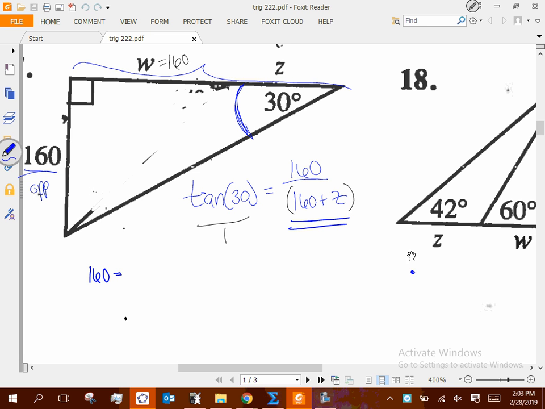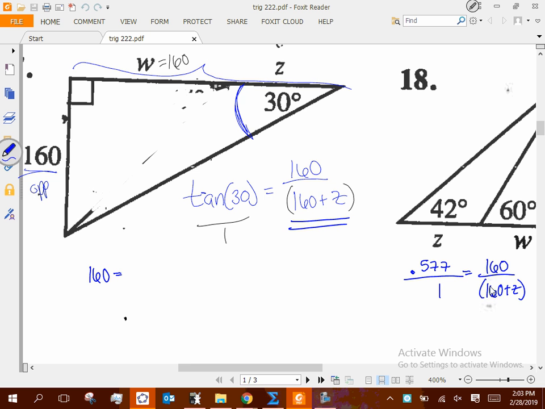If I type in my calculator tangent of 30, it's 0.577. Okay, so these two proportions are the same thing, except this one's the exact values. This one's rounded to 3 decimal places. Does that make sense, everybody?